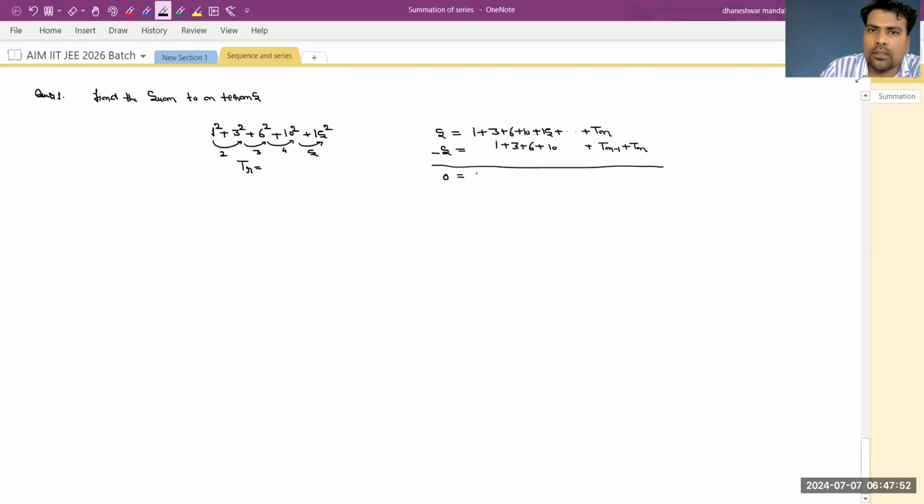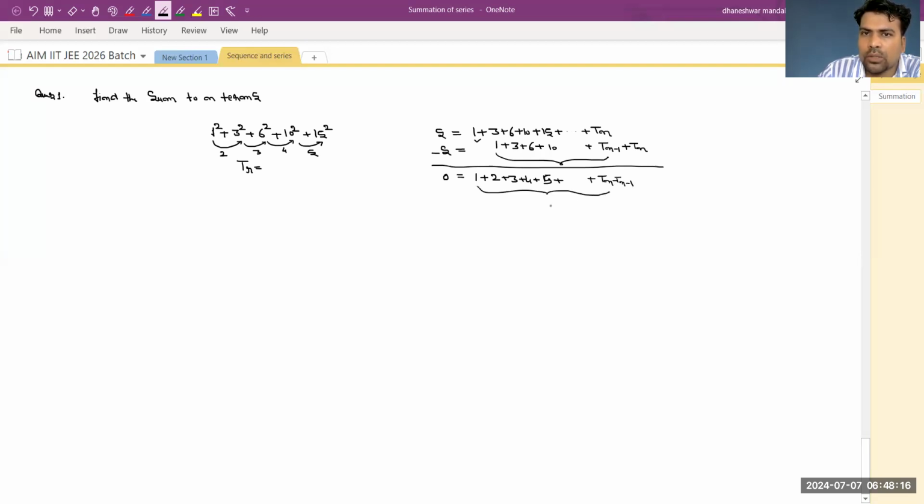From here I get 1, then 2, then 3, then 4, then 5. And from here to here, we have n minus 1 terms, and one more term. It means up to T of n minus T of n minus 1.